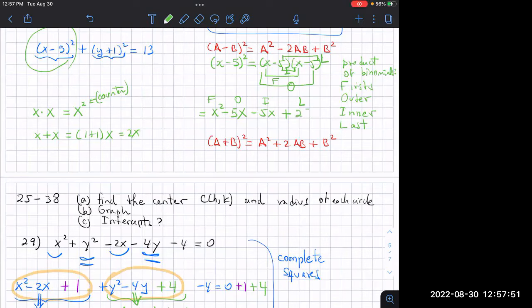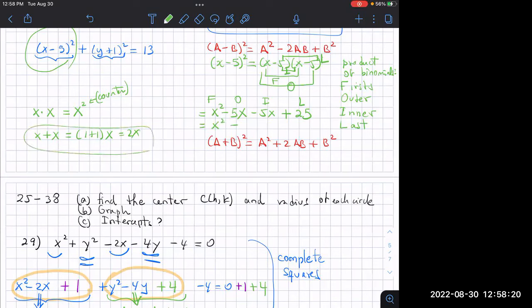When you multiply two binomials where the factors are the same, you'll see that the outer and the inner are always the same. So you're always going to have two of the negative 5x.